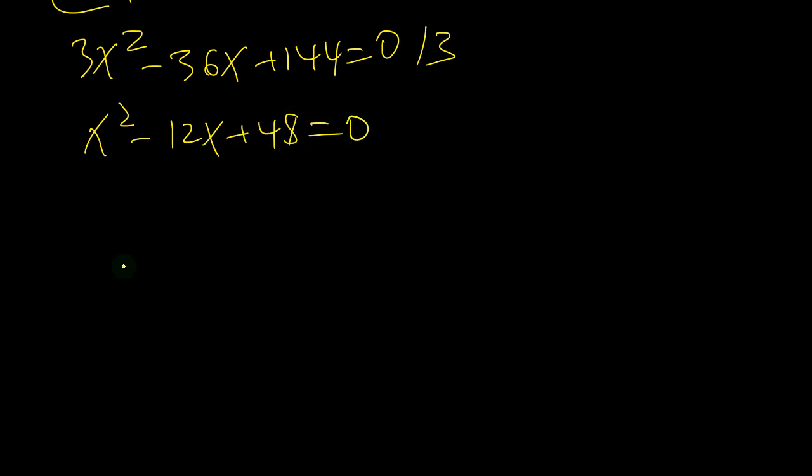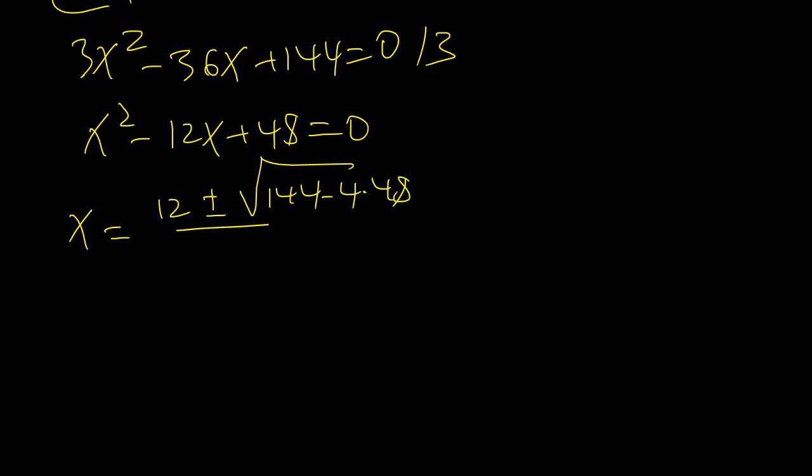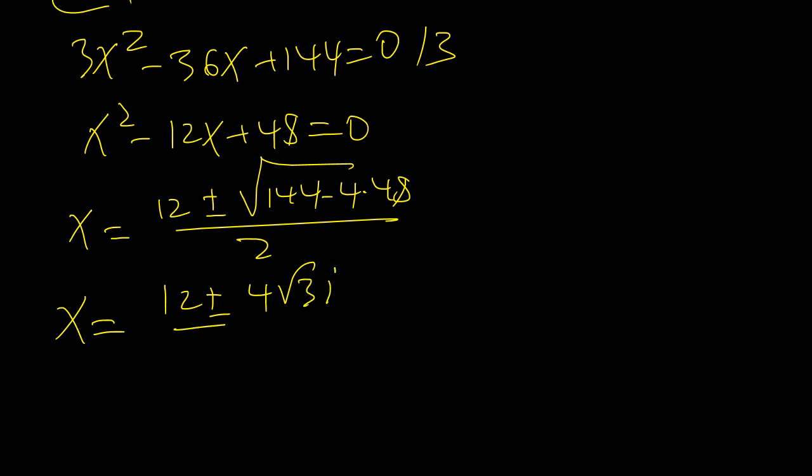So guys, solving this equation here, we're going to have x equals negative b, which is negative 12, plus or minus the square root of b squared, which is 144, minus 4 times 48, divided by 2. So x is going to be 12 plus or minus the square root of negative 48, and 48 is 16 times 3, so we're going to have 4 square root of 3i divided by 2.